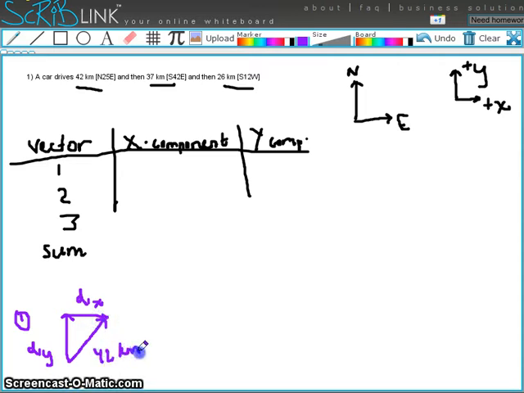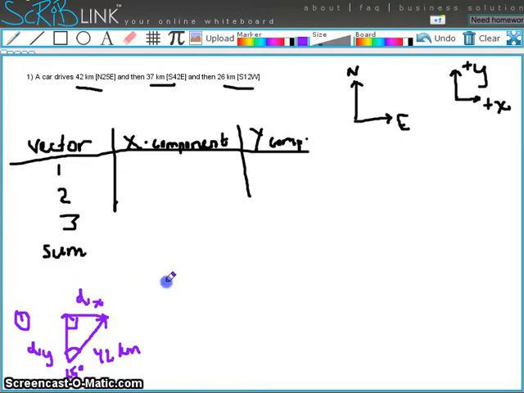That's the final displacement, but we've broken it down. We have d1y, we have d1x. We obviously know this is a 90-degree angle right here, and we also know this angle is 25 degrees because that is a given. So how do we figure out d1y and d1x? Well, that's a simple trig problem, a trig problem from like grade 9.